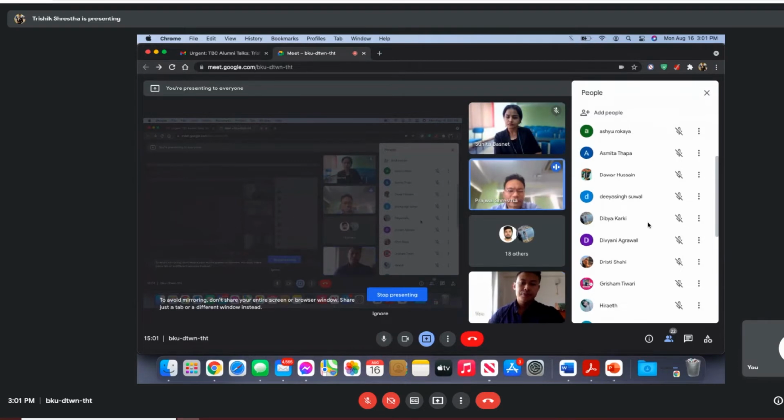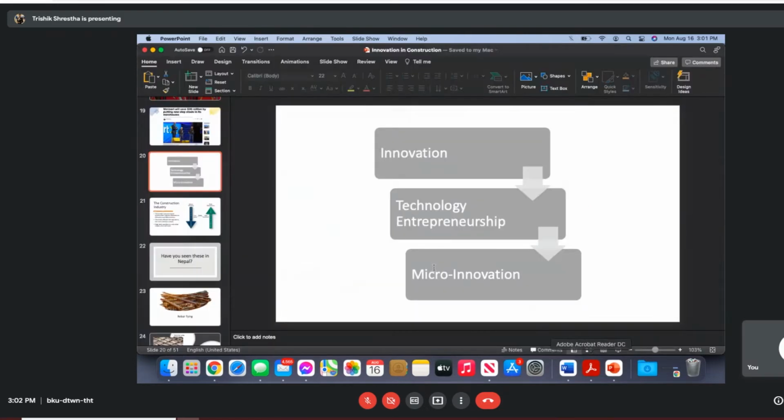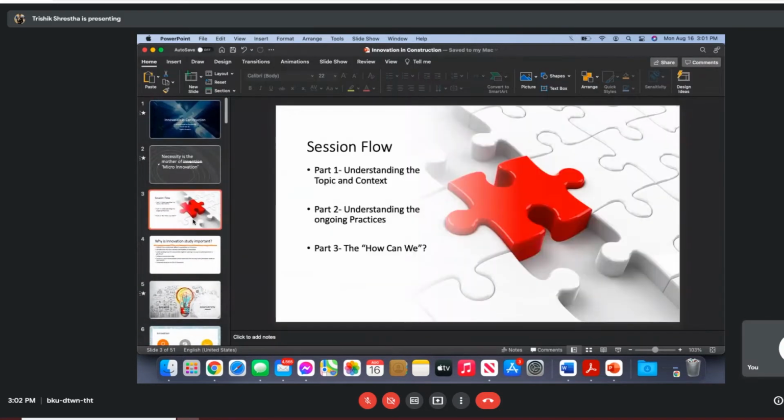Just a small query, Trishik. Very nice presentation till now. Are you covering later, or is it not covered, how do people develop this kind of innovation mindset, micro innovation mindset? Is it inborn, or can it be developed as a habit, or does it need practice? Because we have clearly seen the benefits of doing it, but how do people actually realize the outcome?